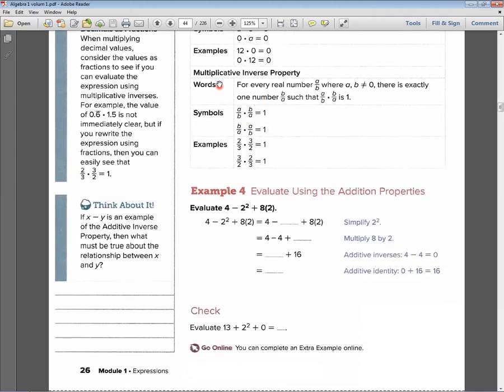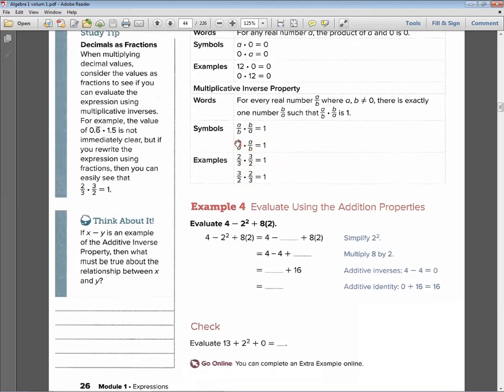Number 3 here, multiplicative inverse property. It's inverse, okay? For example, if I ask you, what's the product of 3 over 2 and 2 over 3? The product of them is 1. And also, if you replace them, you will get 1. Generally, if you multiply a over b and b over a, you will get 1.